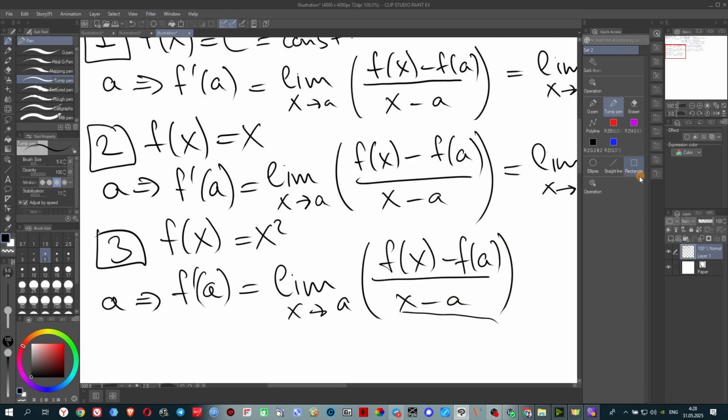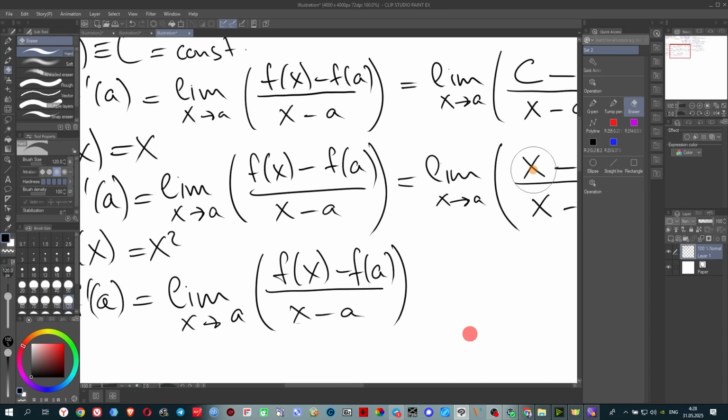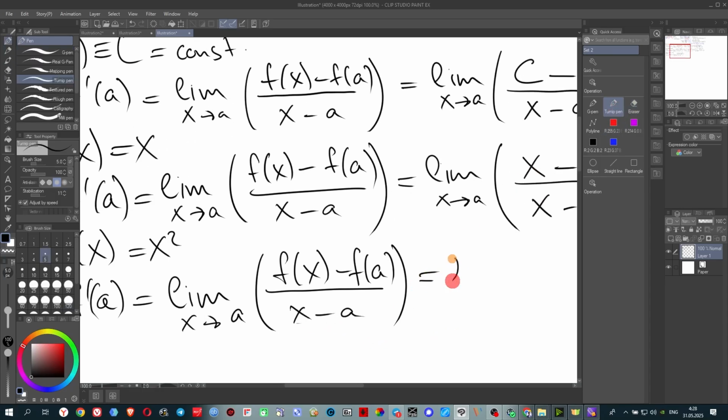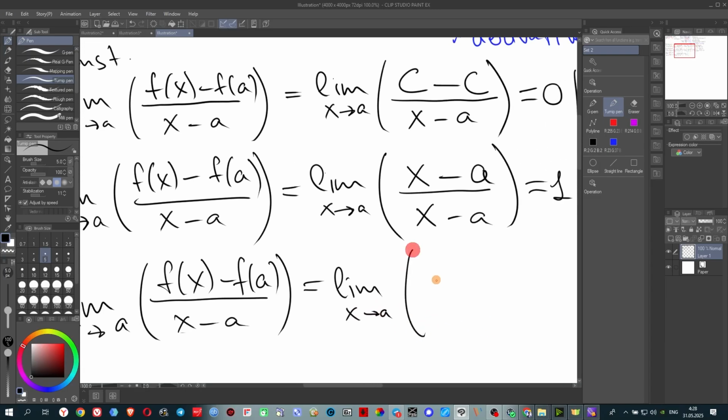Please direct me, what should I write here? It would be x squared minus a squared, limit x goes to a, over x minus a.